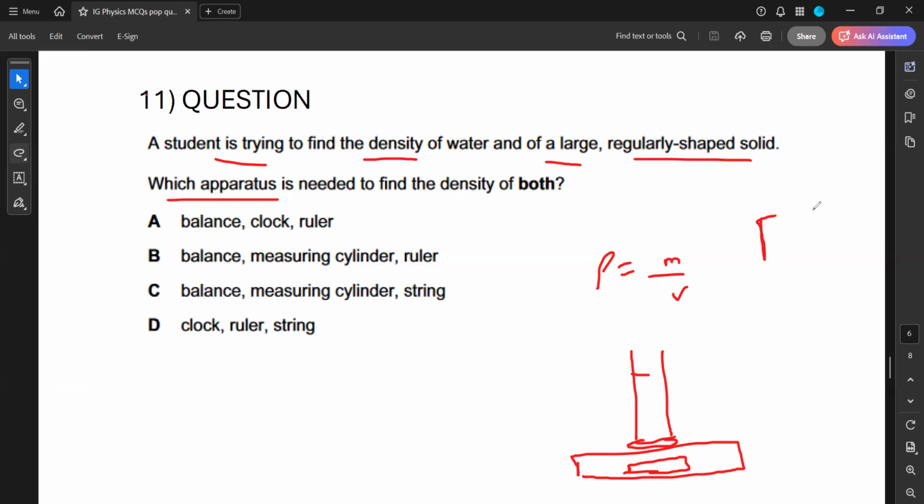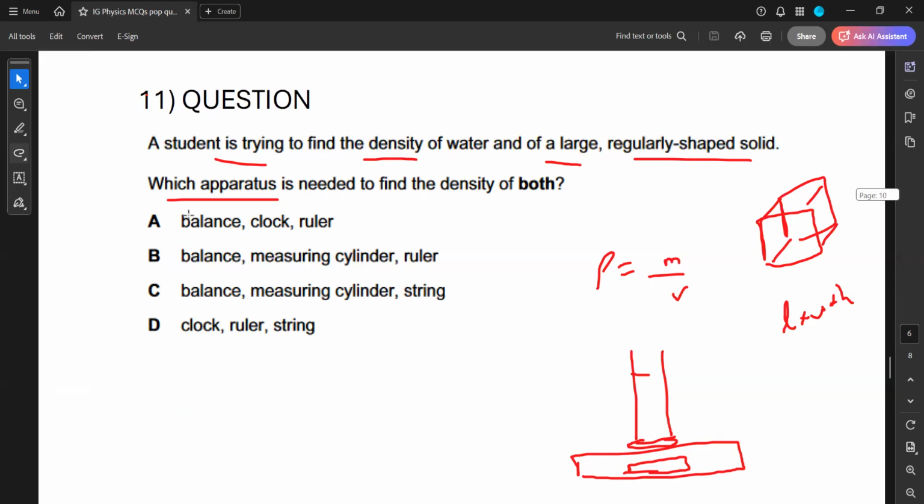And we have another regular shaped solid. If we have a regular shaped solid, I have to measure its length, width, and height. By measuring the length, width and height, we can work out the volume, and we need the mass. From the balance, we can work out the mass.